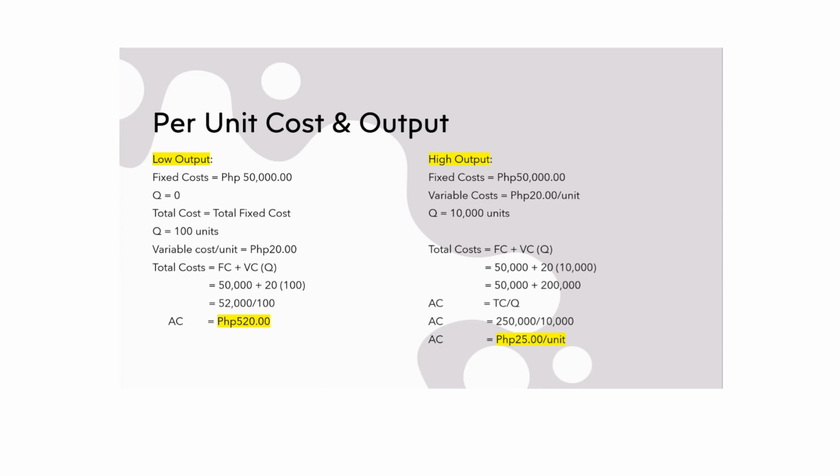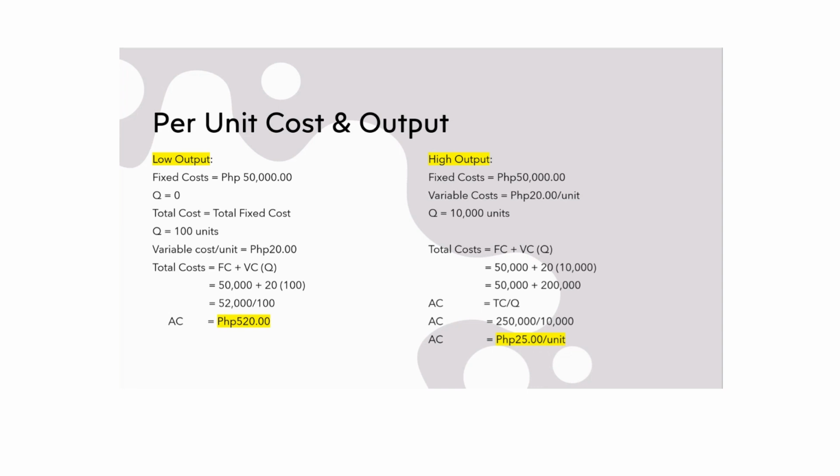But now, if the client's order is really big, like this one, the client can ask for a lower price to take advantage of the volume. Ibig sabihin, if that's the case, the client is partaking in part of the savings in production cost.